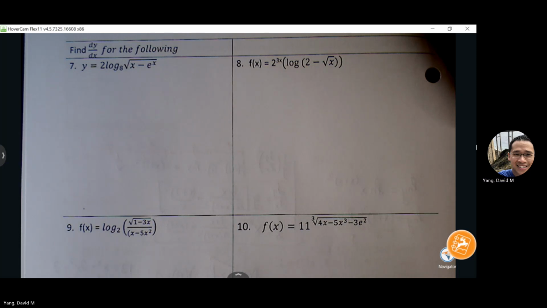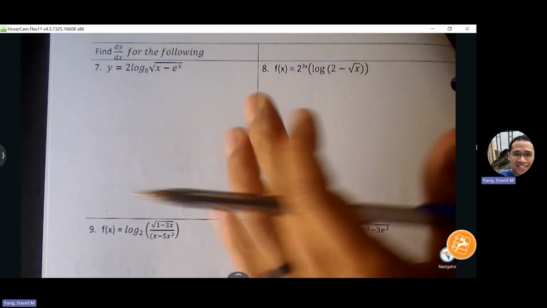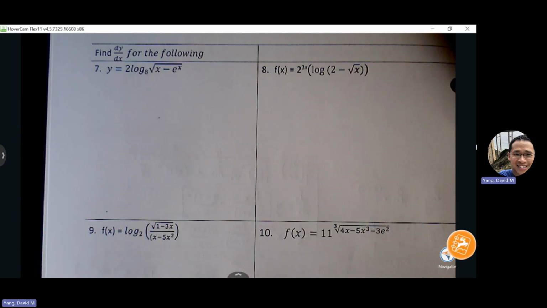Okay, number 7. So I know that this is log base 8. This looks more intimidating because it feels like it's going to be a more difficult process than logs of other bases.